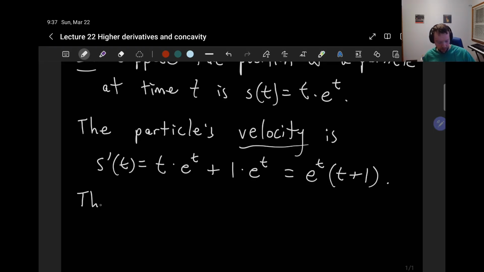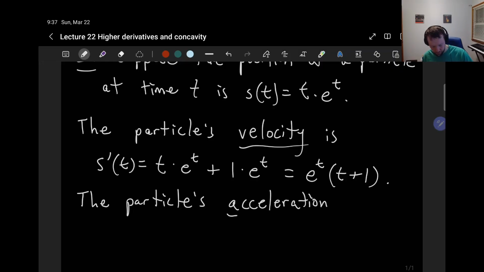Now this new thing, the particle's acceleration is the second derivative. Acceleration is the rate of change of velocity. So how fast is your speed changing, essentially? Let's put that in writing a little bit.